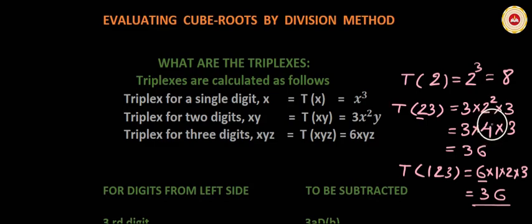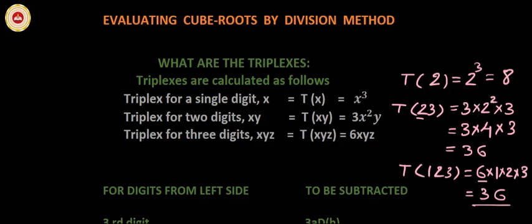In duplex method what we did, we subtracted the duplex of the last quotient digits from the gross dividend to get the net dividend. Now in this method we are going to subtract the result of triplexes and duplexes from the gross dividend. We do certain operations on duplexes and triplexes and we subtract that result from the gross dividend, and we get the net dividend, and we divide that net dividend by the divisor.